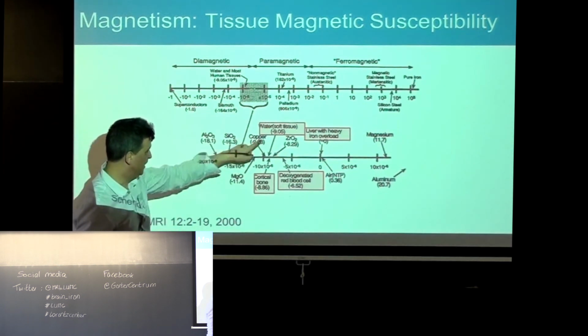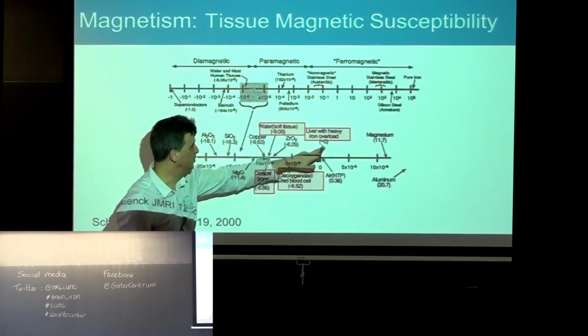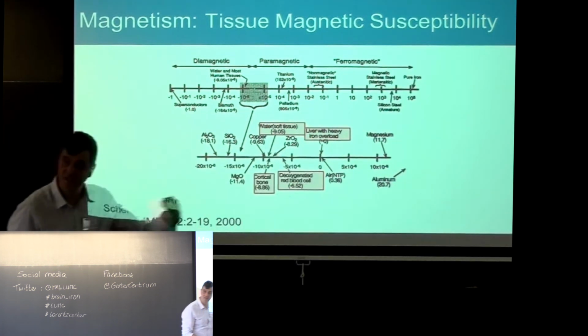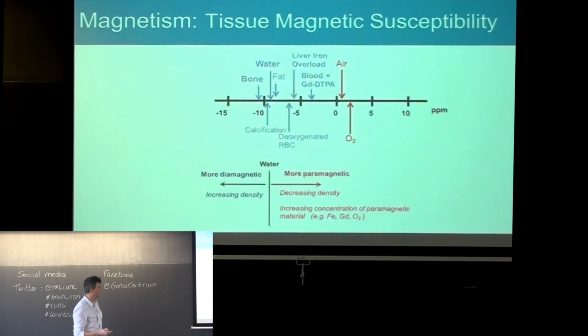So in the range that I mentioned before, with a lot of iron, you might move the susceptibility towards a more positive value than 0, but it's very hard because the water has such a strong negative effect on the susceptibility.